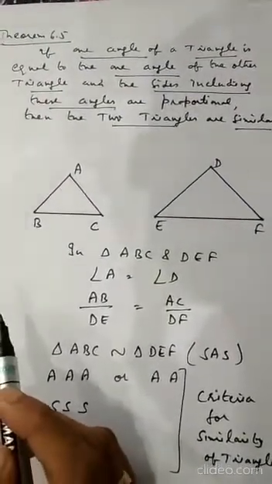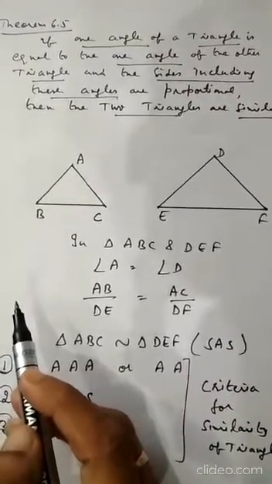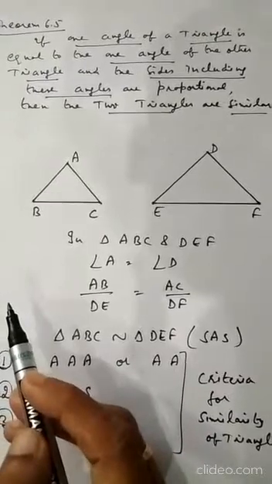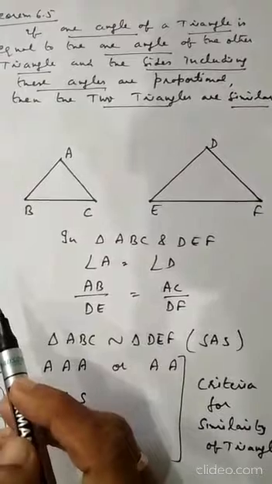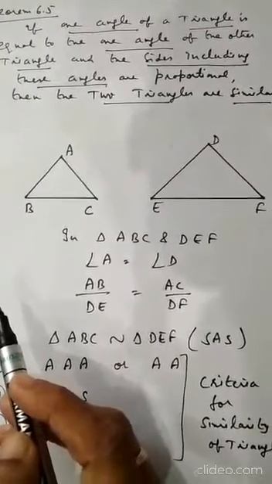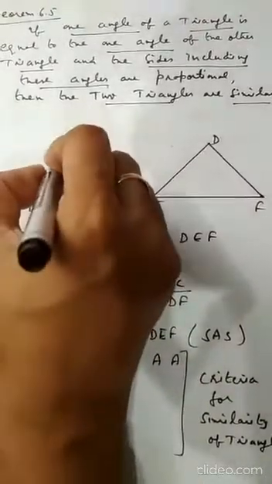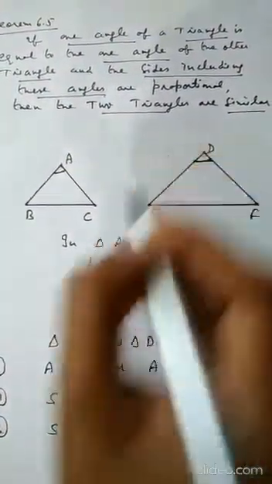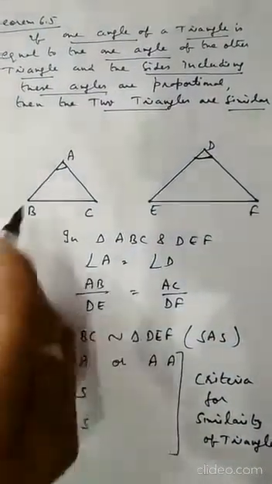Theorem 6.5: if one angle of a triangle is equal to one angle of the other triangle, and the sides including these angles are proportional, then the two triangles are similar. In this figure, triangles ABC and DEF, angle A and angle D are equal. Which are the sides making the angles A and D?